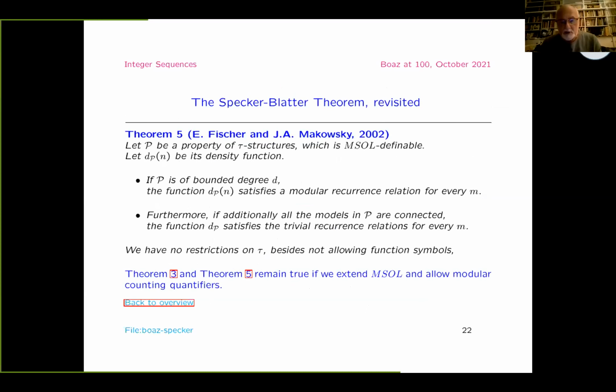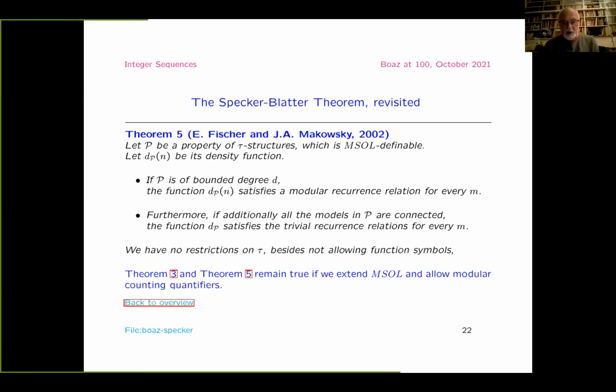And then we can look at the Specker-Blatter theorem again. Let P be a property of tau structures, which is MSOL definable, and let dP be its density function. And now we don't have a restriction on binary relations. If P is of bounded degree, the density function satisfies a modular recurrence relation for every m.